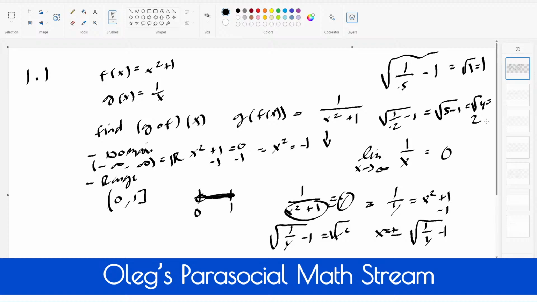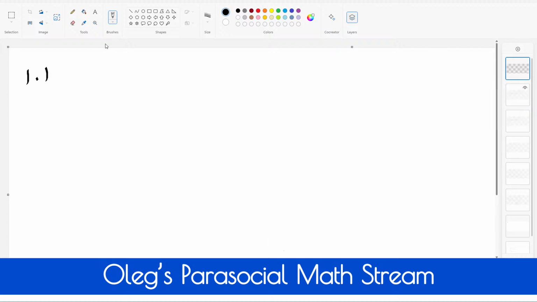Okay, we're going to continue with our next example. This one is going to be b. And what was the b? Again, let's write down f of x is equal to x squared plus 1, g of x is equal to 1 over x.